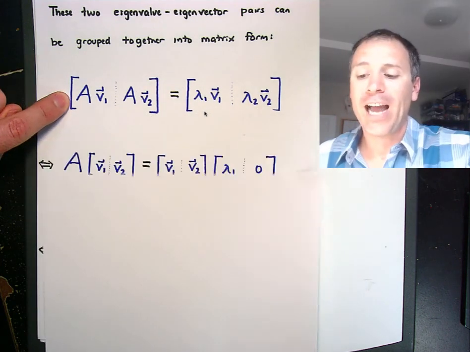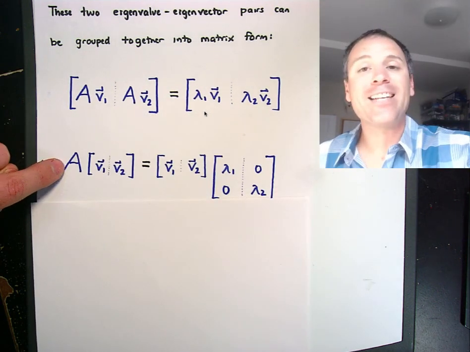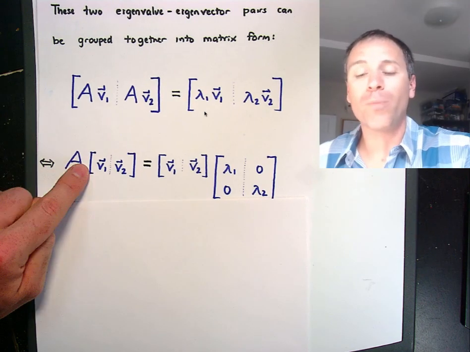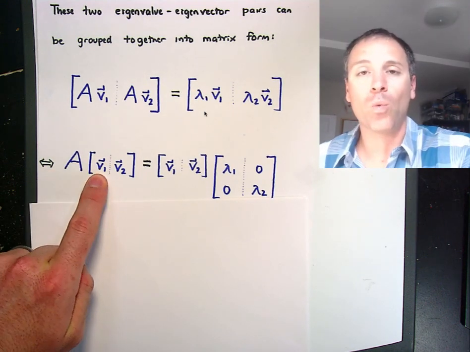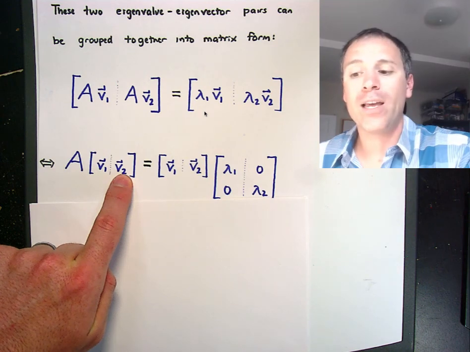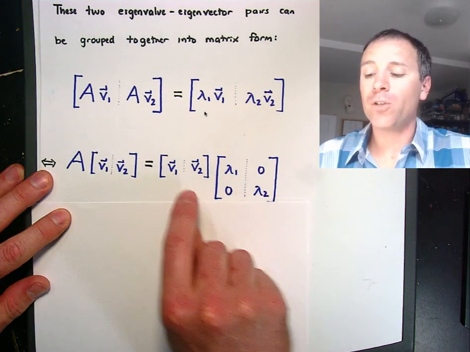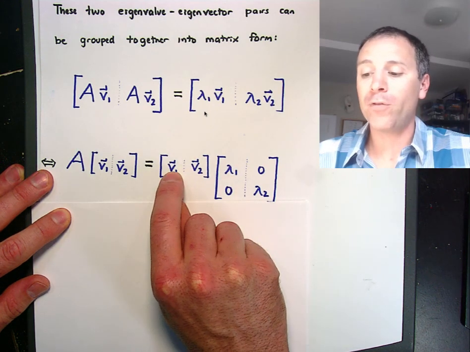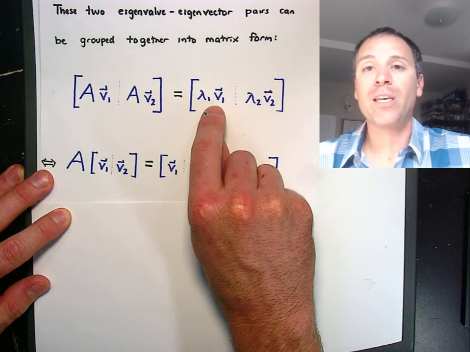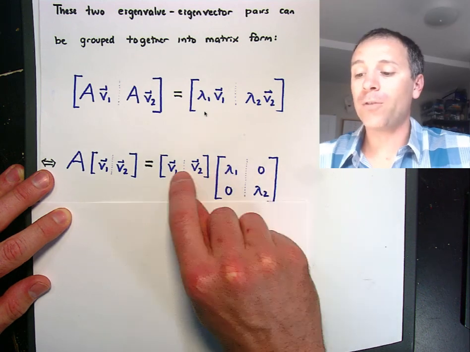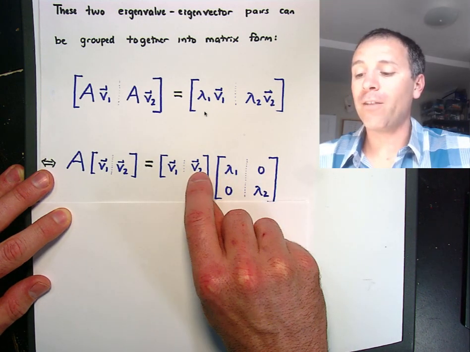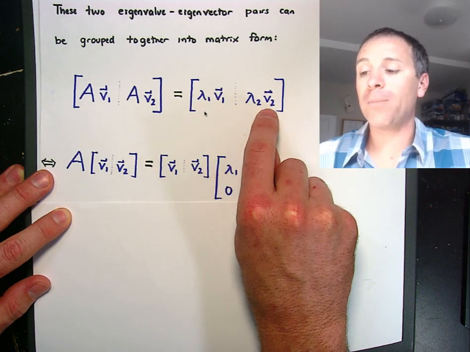On the left-hand side, I can factor out an A, and I get A times the matrix V1, V2. Those are both columns. Eigenvector 1, 1, eigenvector 1, negative 1. On the right-hand side, if I take linear combinations of those columns, notice lambda 1 times the first vector, 0 times the second vector gives me column 1. 0 times the first vector, lambda 2 times the second vector gives me lambda 2 times V2.